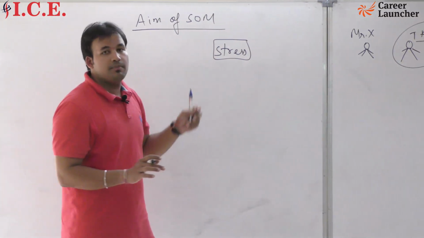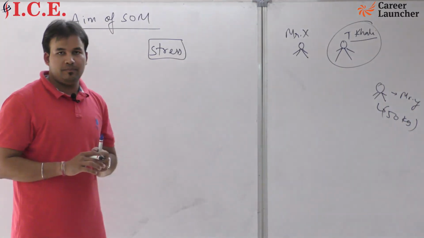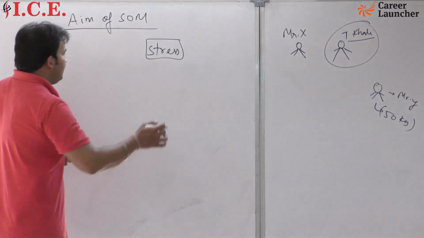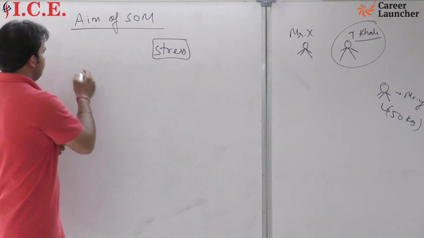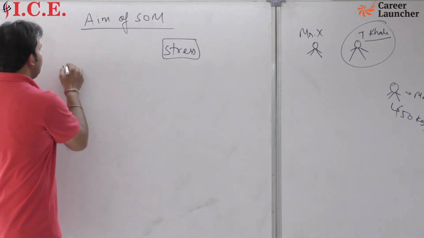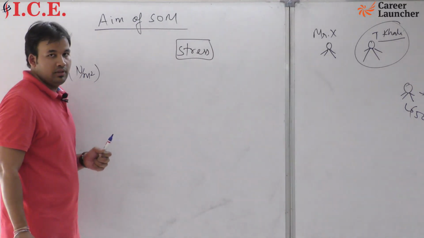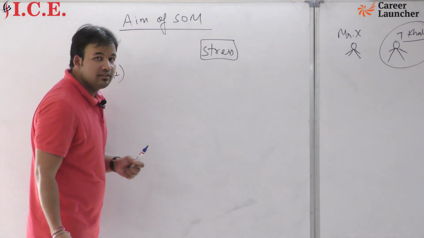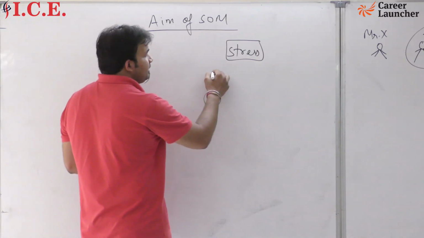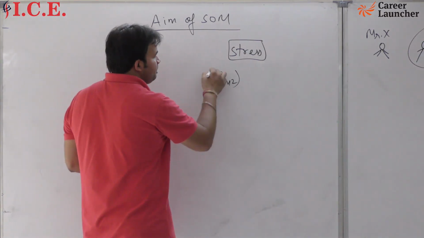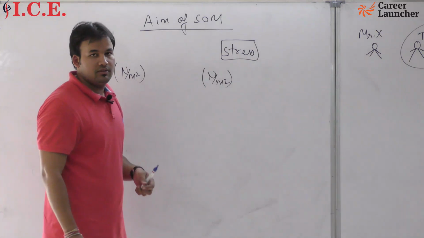Okay? Because here the object is a deformable object. Clear? So if I talk about the unit of stress, then you will say that the unit of stress will be Newton per meter square.